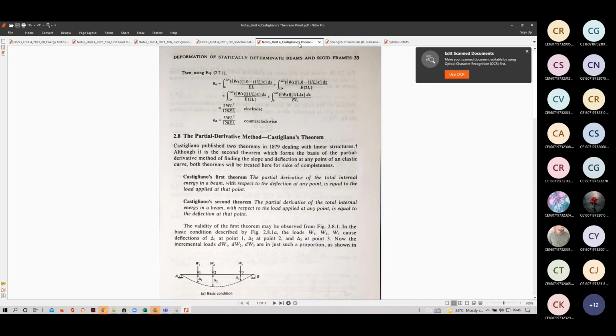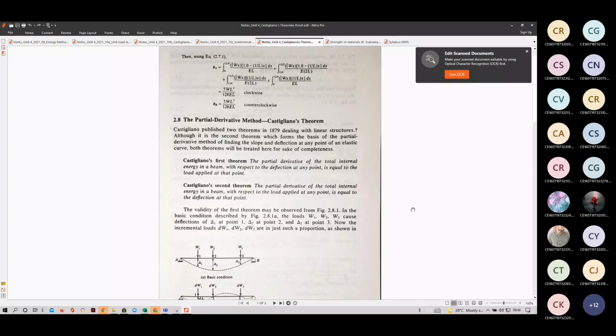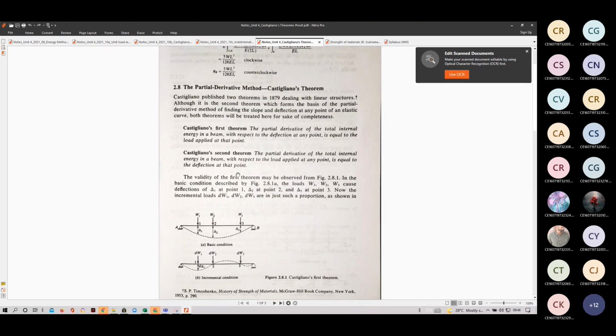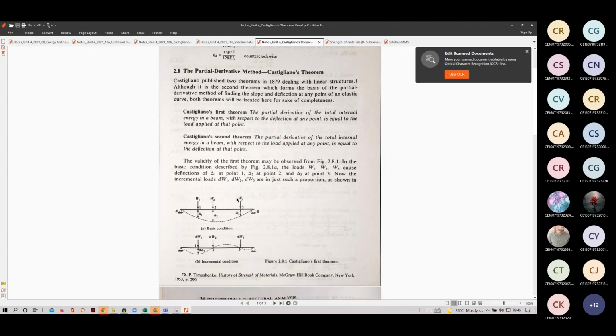Now I'll be sharing with you notes from a very good book, which of course you have not purchased. It is not required for you. I am extracting and giving it to you. So it is Castigliano's first theorem and second theorem. Here they have not mentioned the derivative. I have mentioned the derivative in the notes.